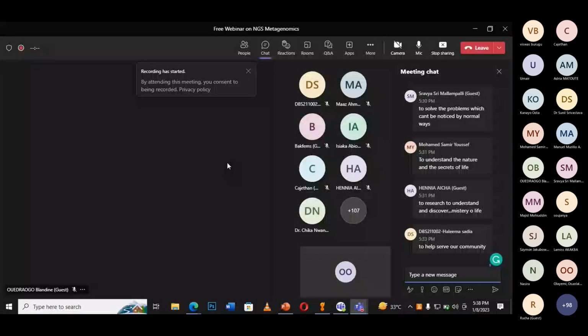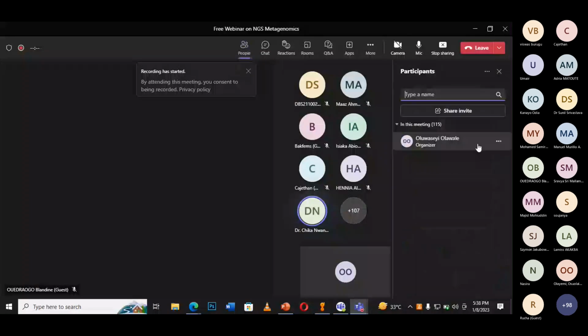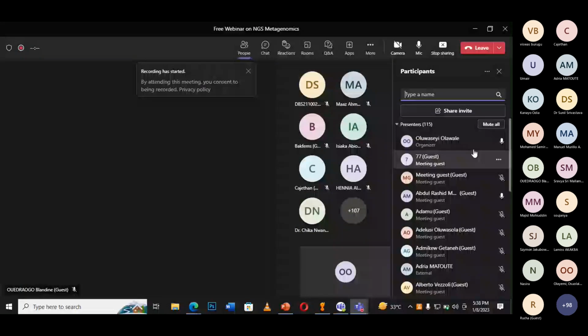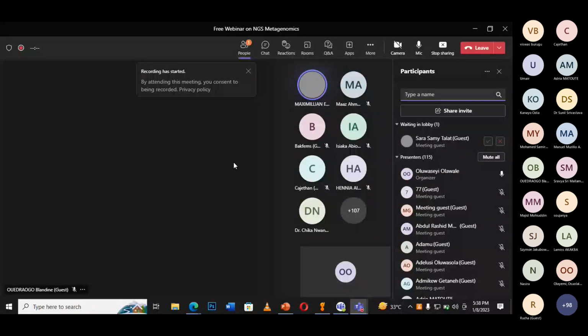Very quickly, just a point. Pathogenic bacteria are those bacteria that can cause infection, while non-pathogenic bacteria cannot cause infection. Amazing. Thank you so much for that answer.